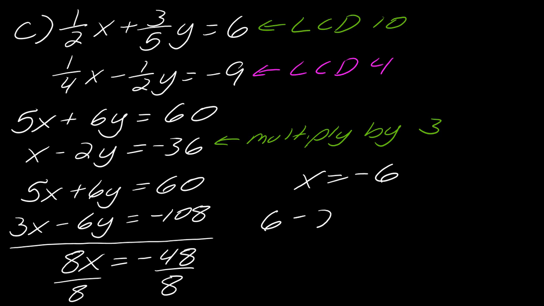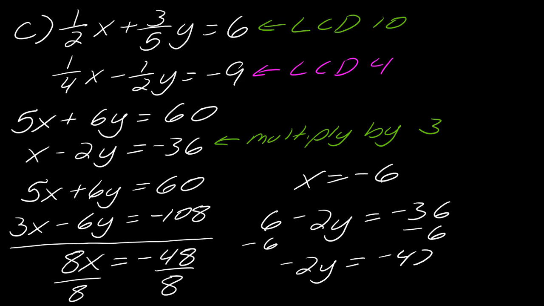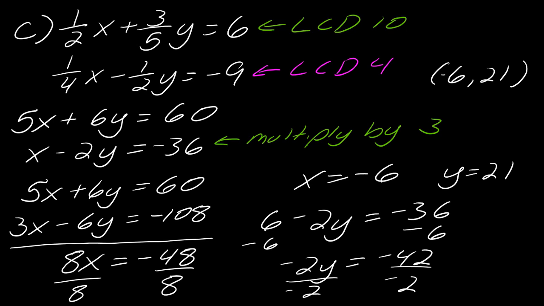So I get 6 minus 2y equals -36. Subtract off the 6's to get -2y equals -42. Divide both sides by -2 to get y equals +21. So my solution here is going to be -6, +21.